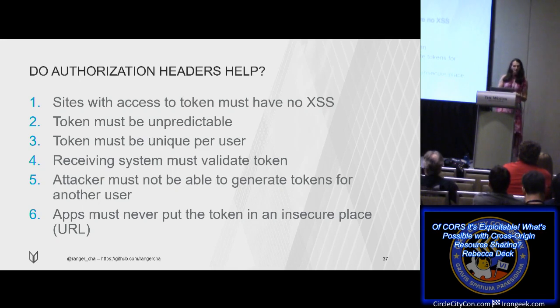I talked to James Kettle because this was something that came up quite often. So he wrote the Burp page when PortSwigger first did a blog on CORS a couple of years ago. He was the one who wrote it. And I started seeing these sites that were using bearer authentication tokens. So these JWTs and authorization bearer headers.